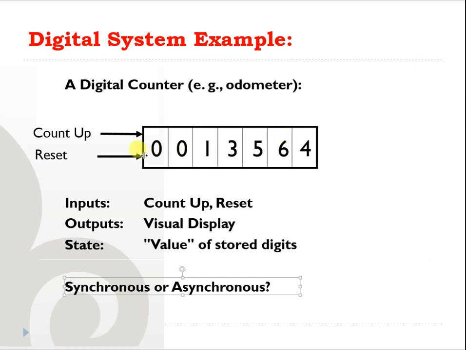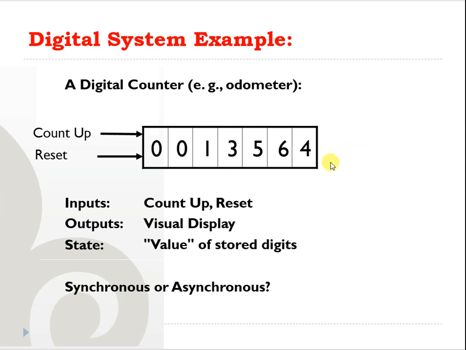And I guess you can see over here that whenever there is an input provided for the count up, the value will be incremented, and whenever there is an input for the reset, the stored value will be reset to 0. So I guess you can see that this is an example of an asynchronous sequential circuit.